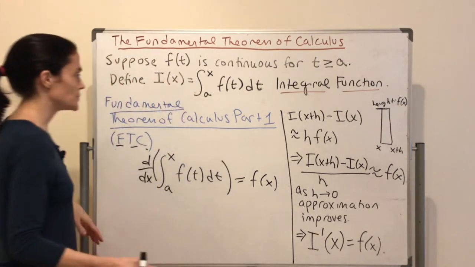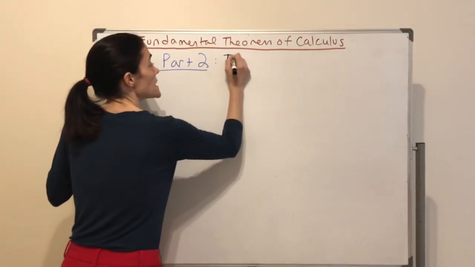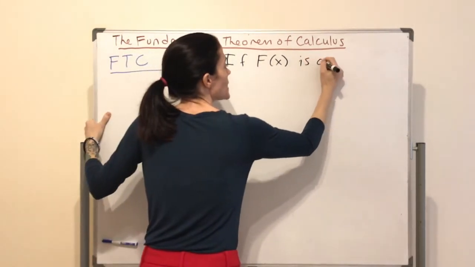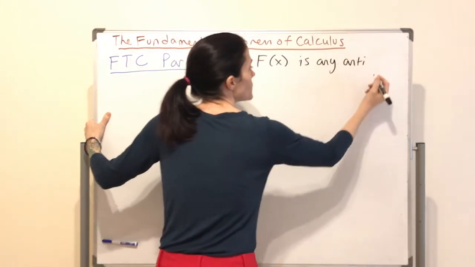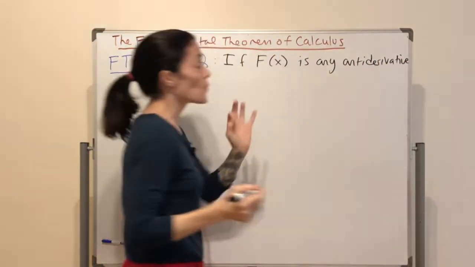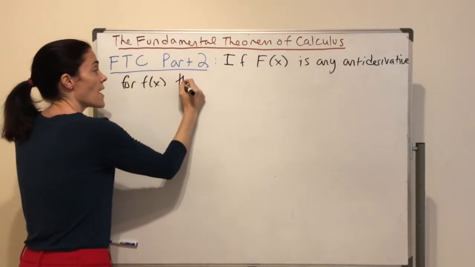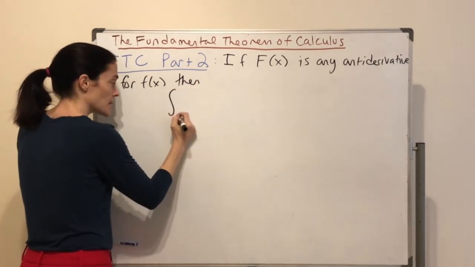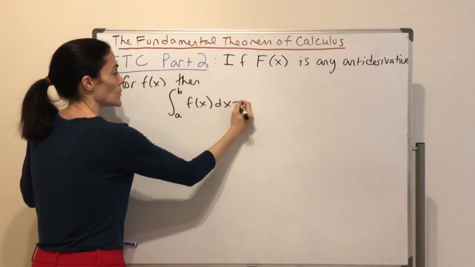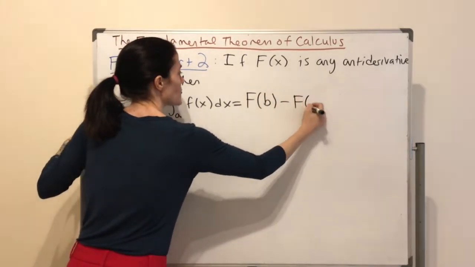Now, part 2, let's immediately move into part 2. Part 2 says if capital F of x is any antiderivative for little f of x, then if we integrate between a and b of f of x dx, we get capital F of b minus capital F of a.